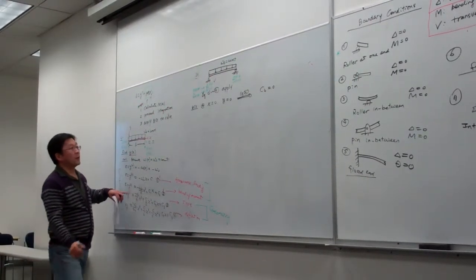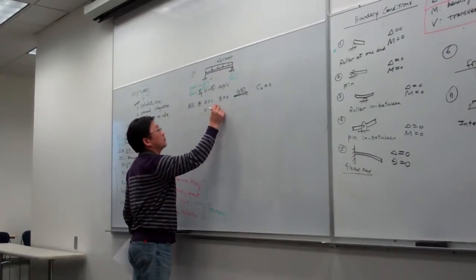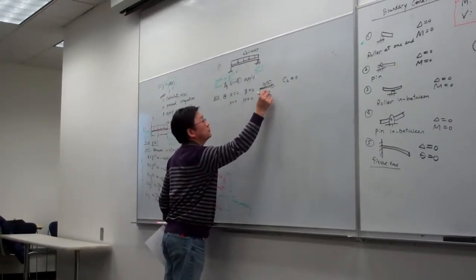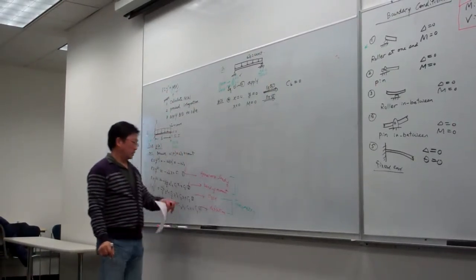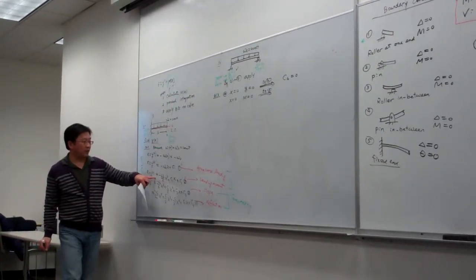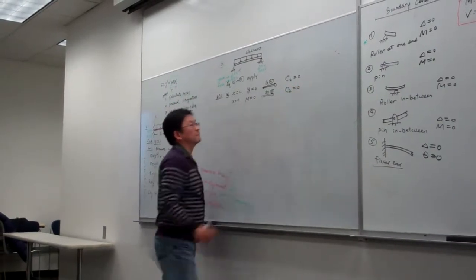And then for x equal to 0, the moment equals 0, so here I use equation 2. Equation 2 is about the bending. The bending equals 0, so we can find C2 equals 0.